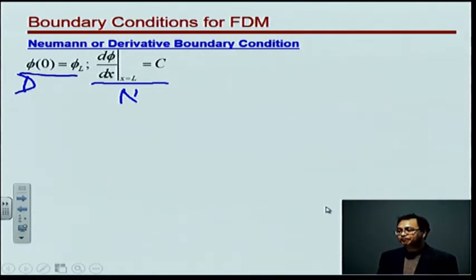If you think about a physical problem, suppose again going back to a simple heat conduction problem, temperature is your unknown. Instead of giving temperature at the right boundary, I'm telling you what the heat flux, dT/dx, is at the boundary. Any questions?